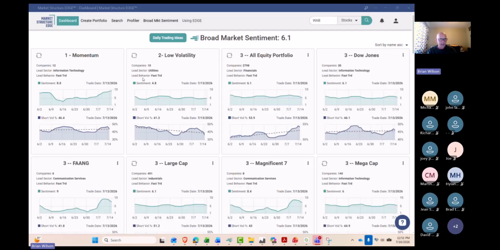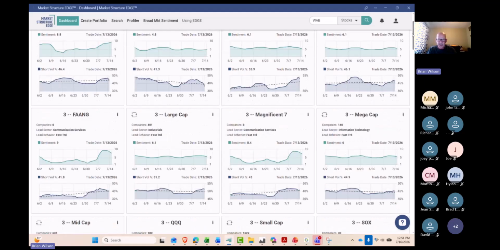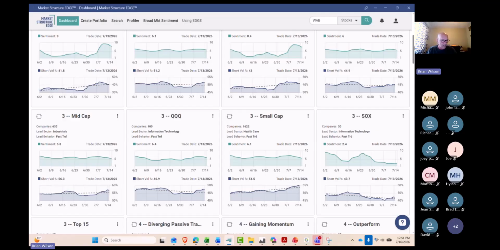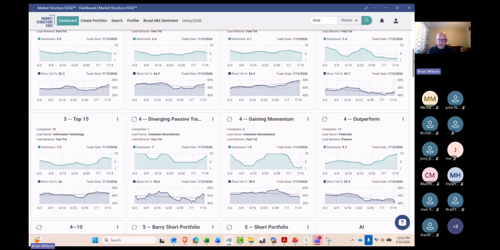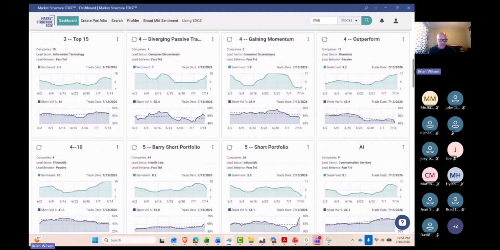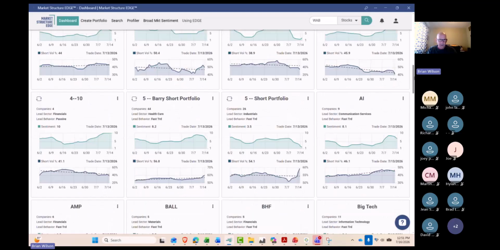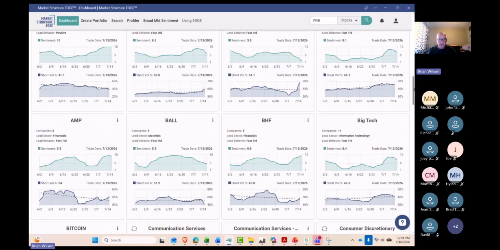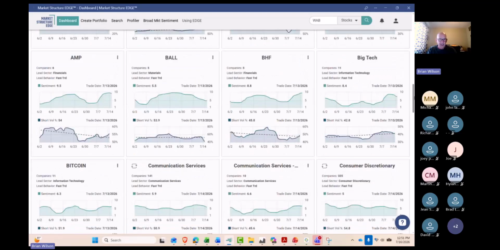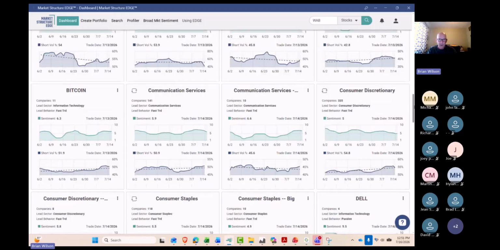Lead behavior, fast trading, fast trading. It kind of gives you a hint what's occurring there. In fact, as I move down, I'm seeing fast trading just over and over again. You can take a look at that in the sectors as well.